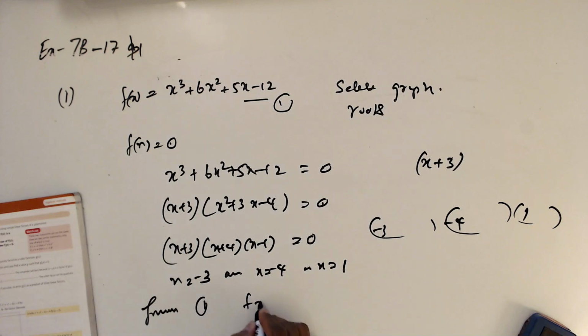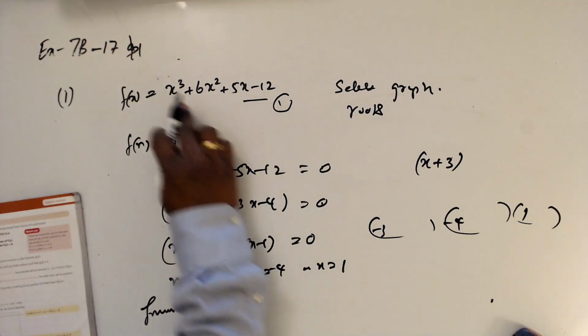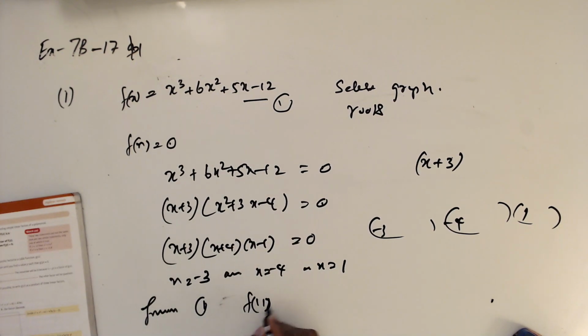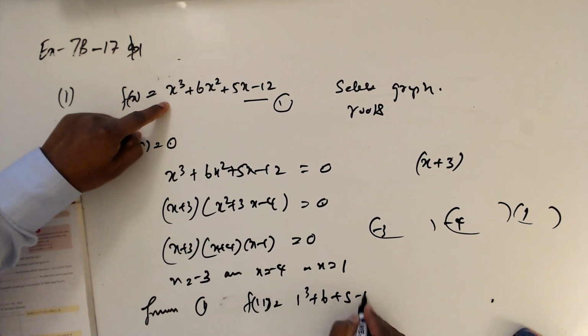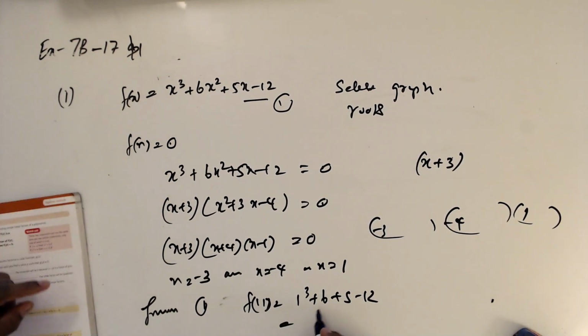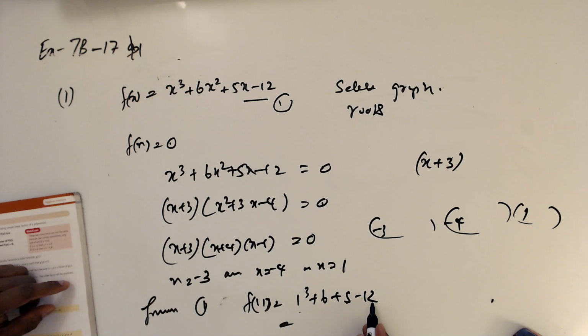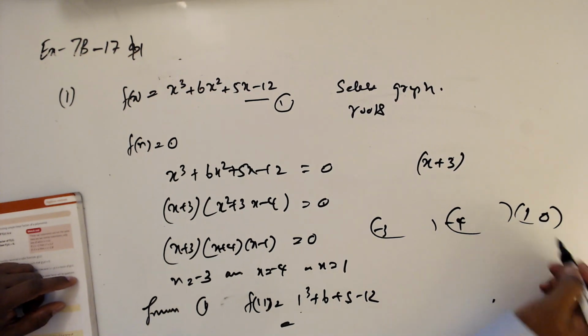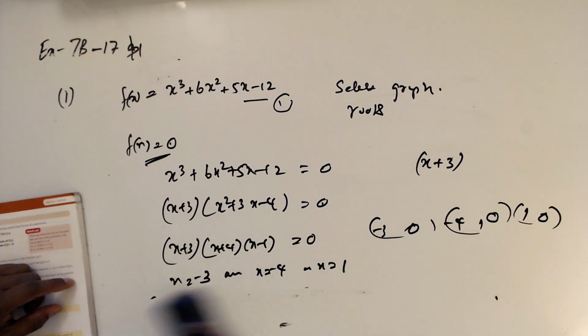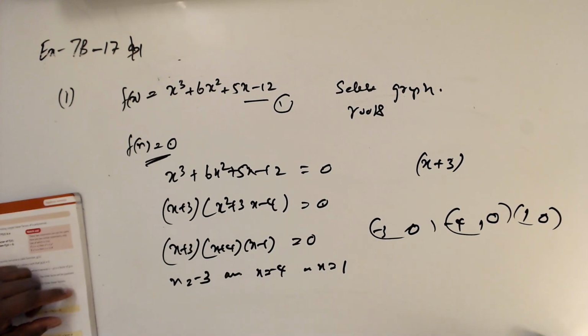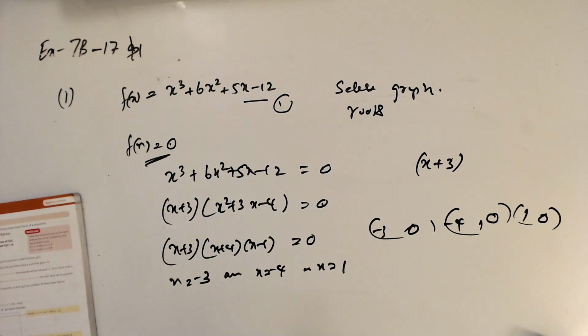I'll find f(1)... actually, the y value has to be 0 because that's what we are doing. So those are the roots, and you don't need to find it again. So this is a use of this one.